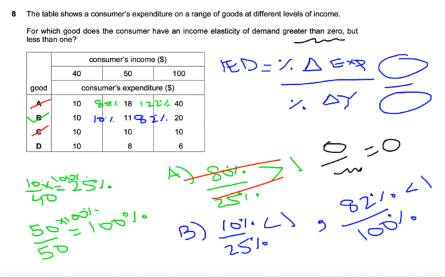The expenditure falls by 20%, moving from 10 to 8, and from 8 to 6 it falls by 25%. But we don't consider this option, since the elasticity has to be greater than 0, it can't be negative, so we can cross out option D as well. So the correct answer is option B.